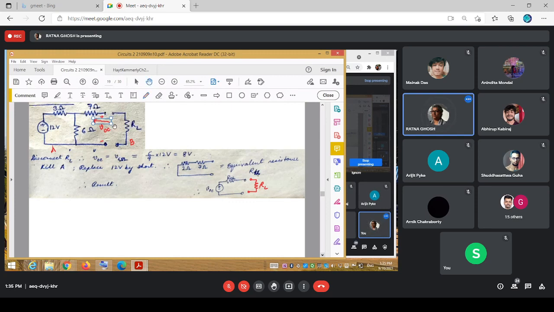You are seeing a 7 ohms, then a parallel combination of 6 and 3 ohms, because this is shorted. So this 7 ohms in series with 3 and 6 ohms in parallel. This is 2 ohms, so 2 and 7 ohms, that is 9 ohms. So in this particular case, your VOC would be equal to 8 volts and this R Thevenin would be equal to 9 ohms.